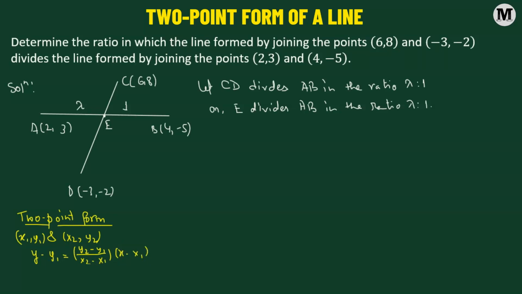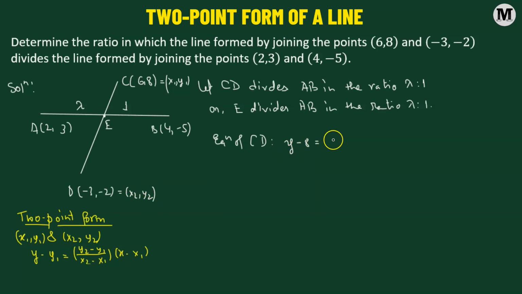So let's use this 2-point form to find out the equation of the line CD. The equation of the line CD will be y minus y1. So we'll be choosing C as (x1, y1) and the coordinate point of D as (x2, y2). So let's substitute y1 with 8.